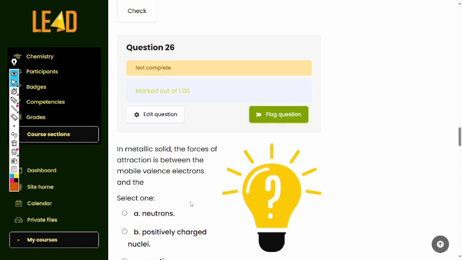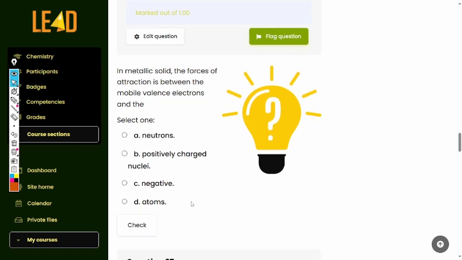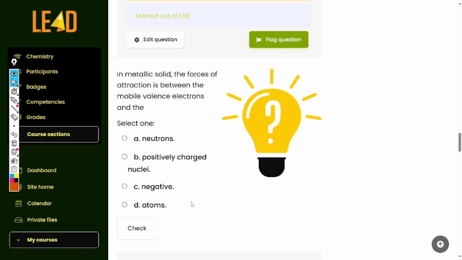Okay, 26. In metallic solids, the forces of attraction is between the mobile valence electrons and... so if you have a metallic compound, let's pick a metal, say zinc. If you have zinc atoms, what is holding them together is the attraction between the zinc ions and the very mobile electrons around them.